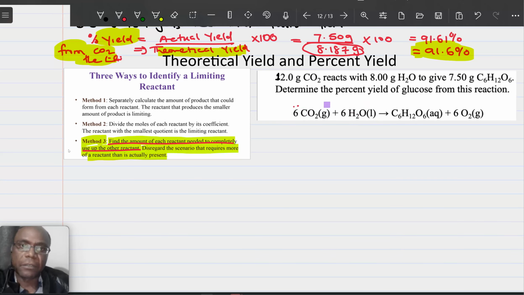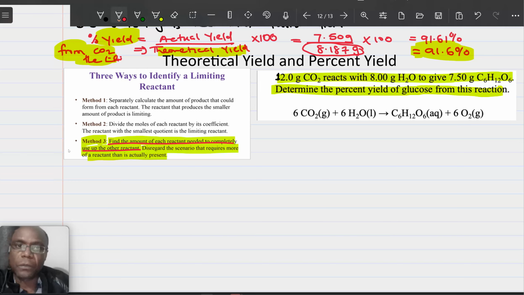So let's read the question here and then we'll strategize. Question: 12 grams of CO2 react with 8 grams of water to give 7.5 grams of glucose, C6H12O6. Determine the percent yield of glucose from this reaction.